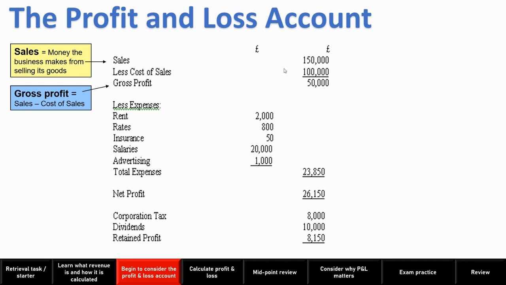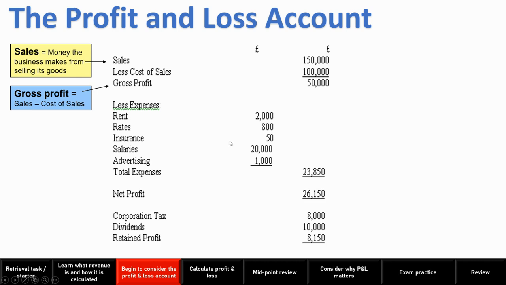Now, these cost of sales, these production costs, the cost involved in making the monitors, it's a big number. But actually, there's lots of other costs as well that the business has to pay for just by being open. So even if the business makes no monitors at all, the landlord still expects to get paid his rent.